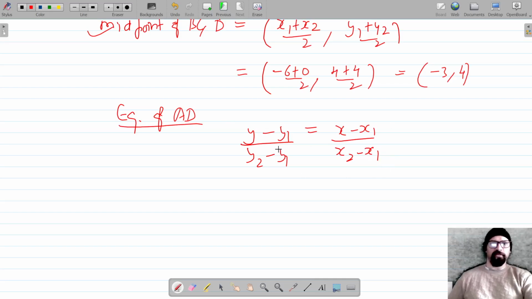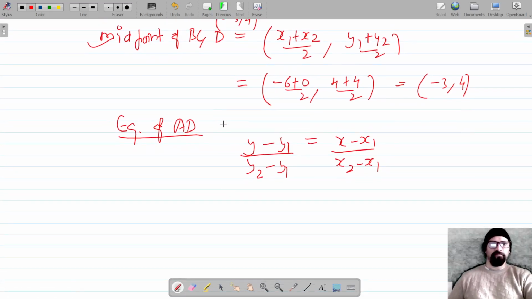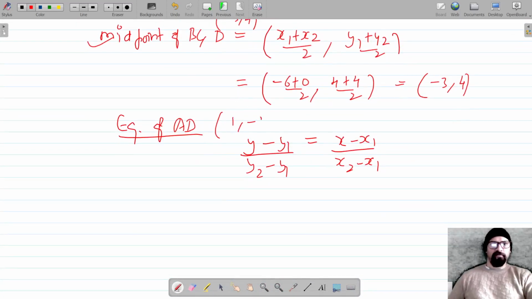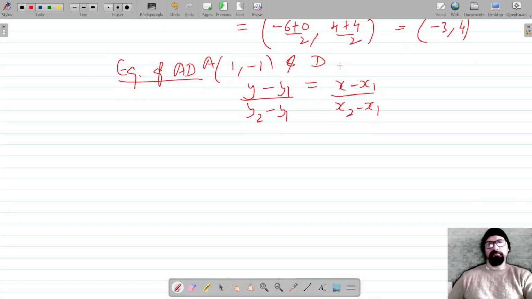Because we have to find the equation of AD, our 2 points are 1, negative 1, which is A, and D, which we have got as negative 3, 4. So this is x1, y1, and this is x2, y2.